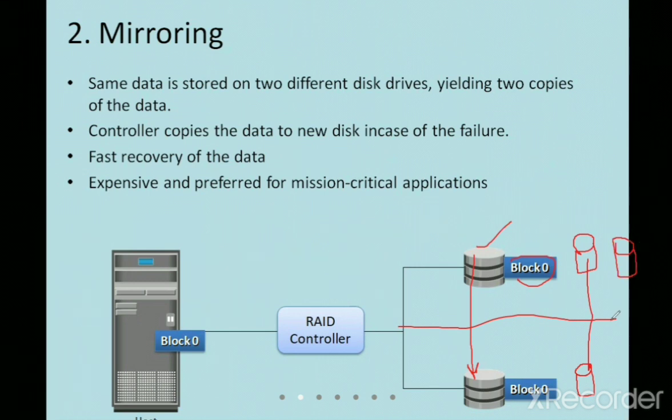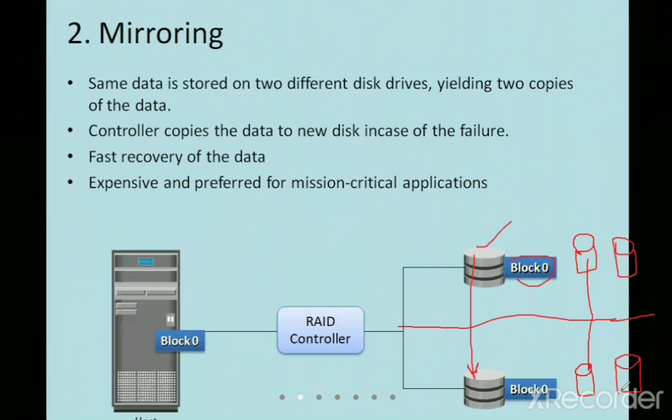Now what is the benefit of having the mirror technique? It is going to store the data from one drive to another drive. So if you make any changes in it, it will become the same replica. Now there might be a question: madam, if one disk fails, what about the other one? Yes, the data can be recovered from the other one.